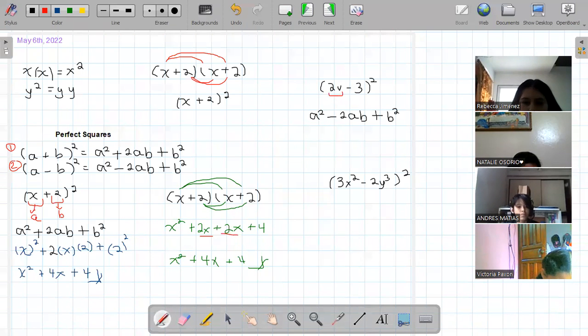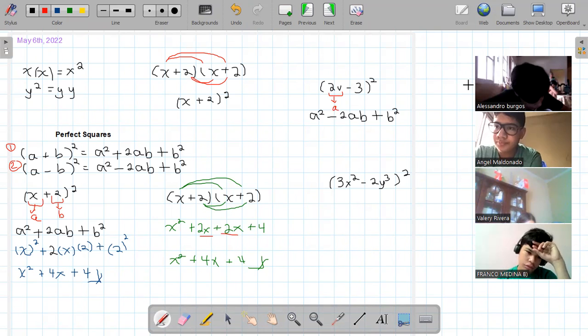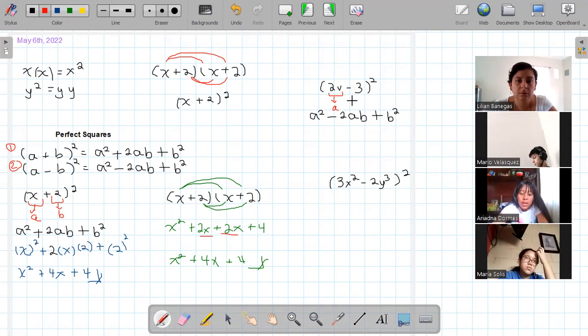Exactly, that's A, because it is everything to the left. And B, what would be B? 3. 3, only the 3 without the sign, very good.